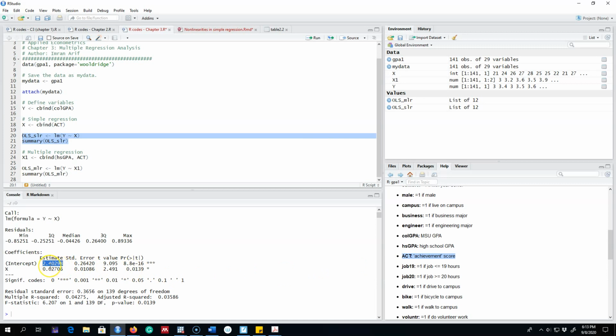So as I talked about earlier, in some cases the intercept doesn't make any sense, so we can ignore this.